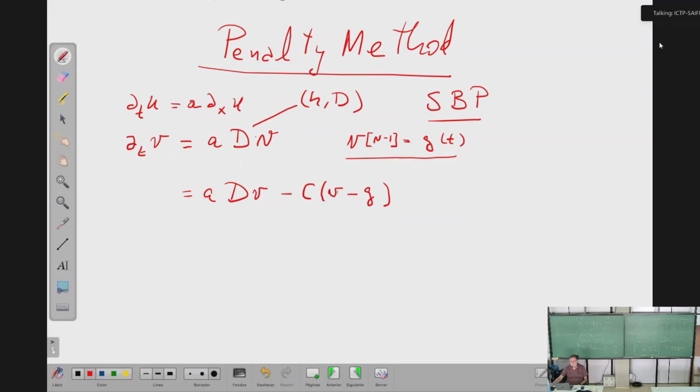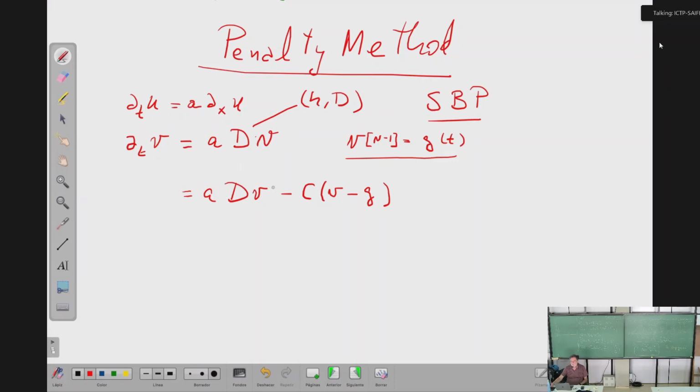okay, if v is bigger than g, this number is positive, so this is negative, so it brings v down. If v is less than g, this thing is negative, so with this sign I get something positive, so that brings v up.